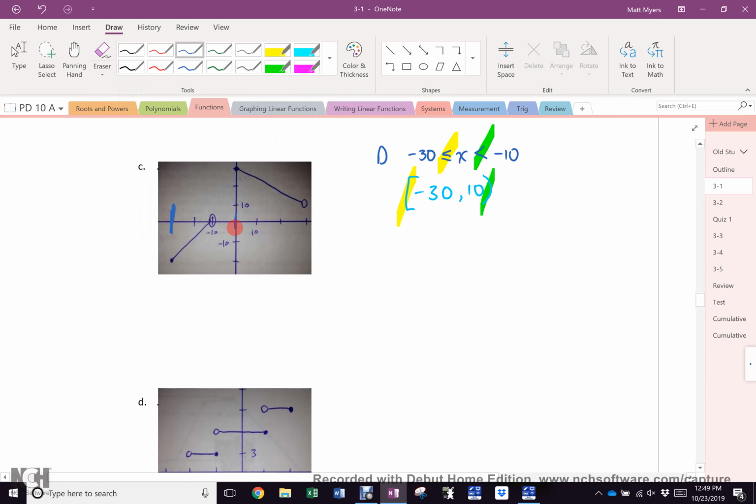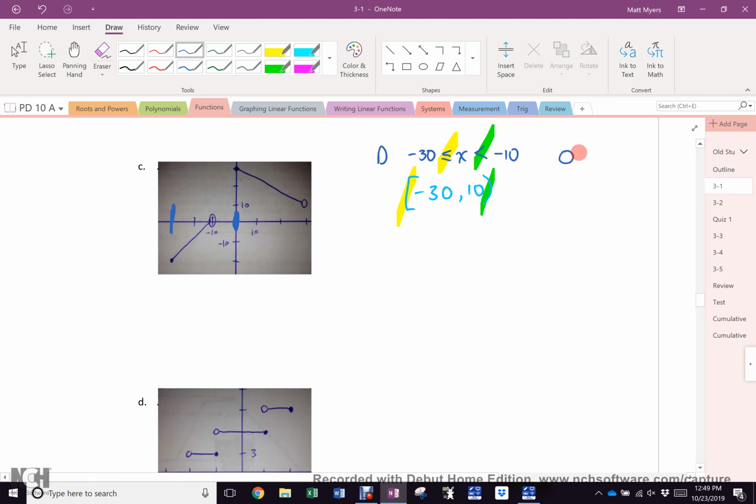Now, you are very intelligent young people. What do you see happens again right there? The line starts up again. So do I have another domain? Which starts at what? 0. Does the line hit 0? Why?